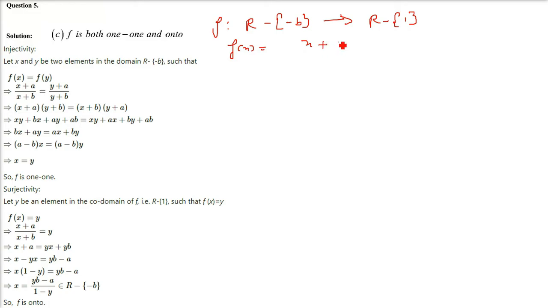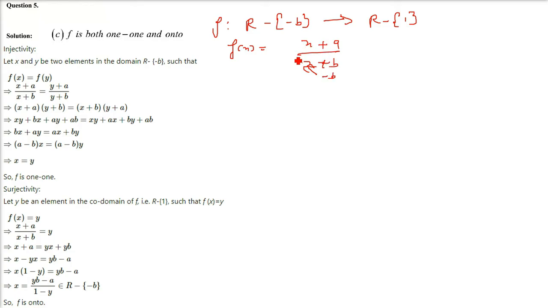If x is negative b, it will be something divided by 0, which is undefined. That is why the domain is saying anything but negative b. The range we'll just find out, and it is also saying anything but 1.